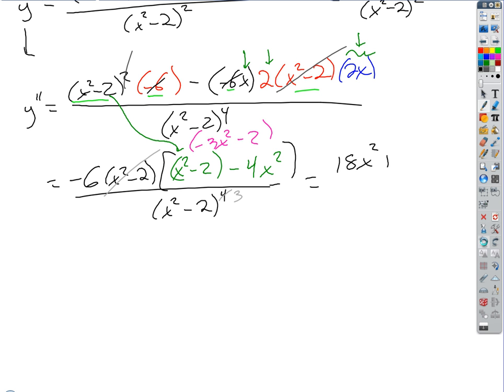Why don't we just distribute the negative though? If we just distribute the negative through, then we would just end up with my 6 out front, and this would just become a 3x squared plus 2. We might as well leave it factored. And then on the bottom, we've got an x squared minus 2 cubed.